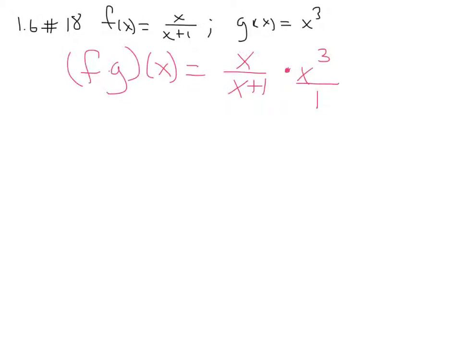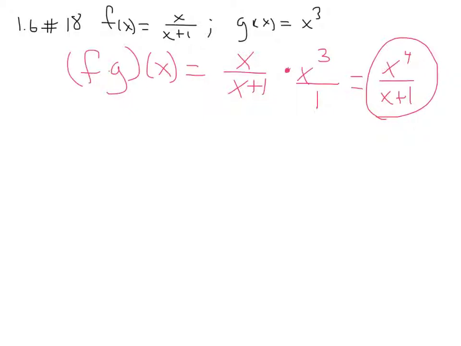Anything that we can write, we can think of as a fraction of that over 1. And remember, fractions are multiplied top to top, and bottom to bottom. X cubed times x is x to the fourth. X plus 1 times 1, well, anything times 1 is itself. So this is the resulting function we get when we multiply function f and function g.